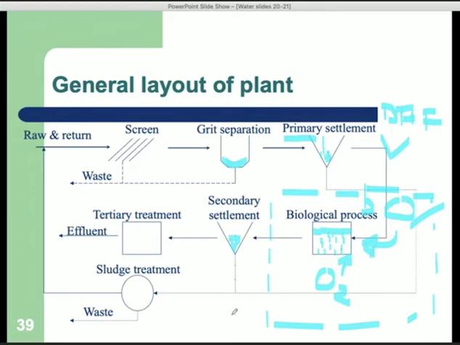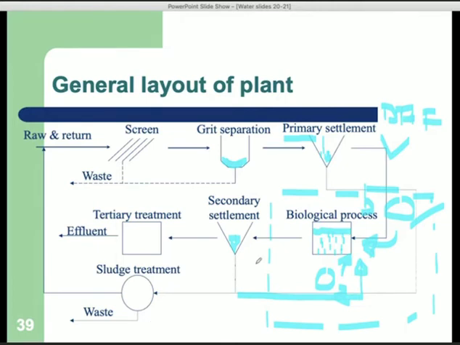So, 2 lines to this. This sludge you could take off and put to sludge treatment, incinerate it, put it to land, whatever you want. But you also take a side stream of this and you feed it back, because what you're trying to do is to keep the concentration of bacteria in this tank really, really high.